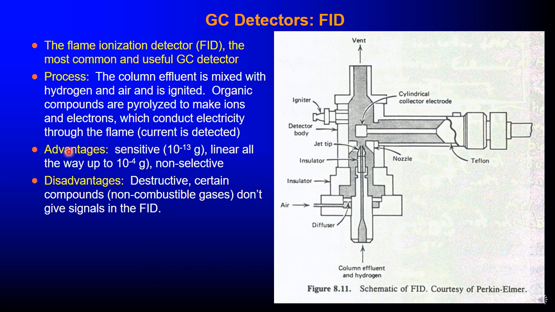Advantages: it is sensitive, like 10 raised to power negative 13 grams, linear all the way up to 10 raised to power negative 4 grams, and it is non-selective, meaning it is universal. Disadvantages: it is destructive. Certain compounds which are non-combustible gases do not give signals in the flame ionization detector.